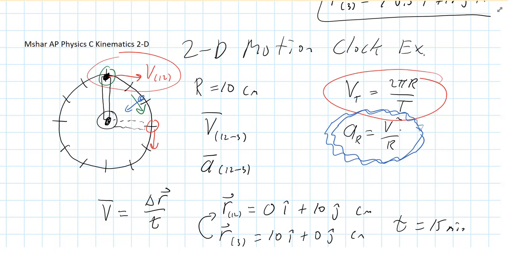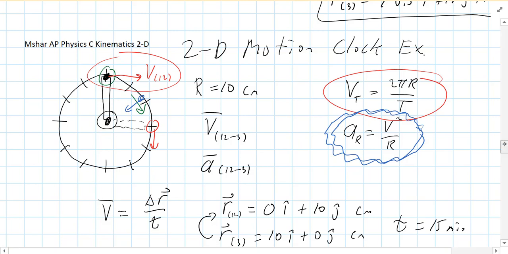However, the direction of the acceleration is changing. That direction is always toward the center. So as the minute hand goes in a circle, the direction of that acceleration changes, meaning it's not a constant acceleration. Remember, vectors are magnitude and direction. If either is changing, the magnitude or the direction, then it's not constant. So we don't have a constant acceleration, so we couldn't use our constant acceleration equations.